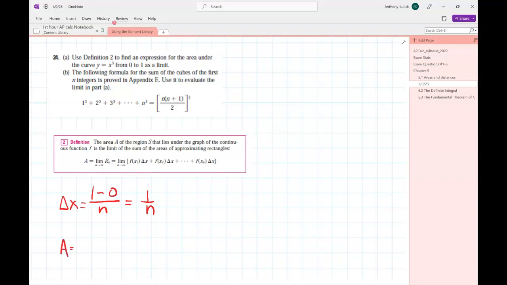So my area then is going to be the limit as n approaches infinity of, well, let's just write it this way, f of 1 over n times 1 over n plus f of, now how do I find the next point here?